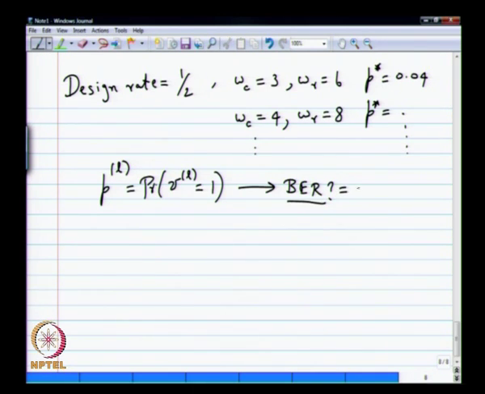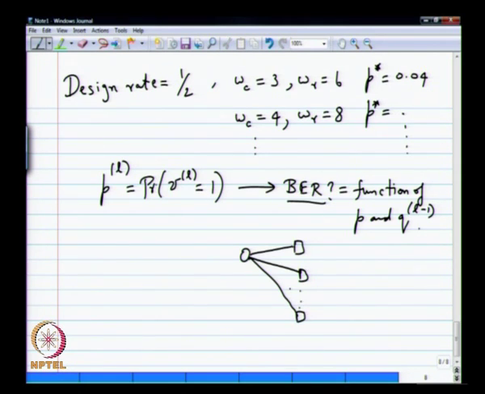So this will be some function of P, n, QL, QL minus 1 maybe. You remember what we do? You have WR messages that are coming from here, U1, U2, ..., UWR, and then you have RI itself.